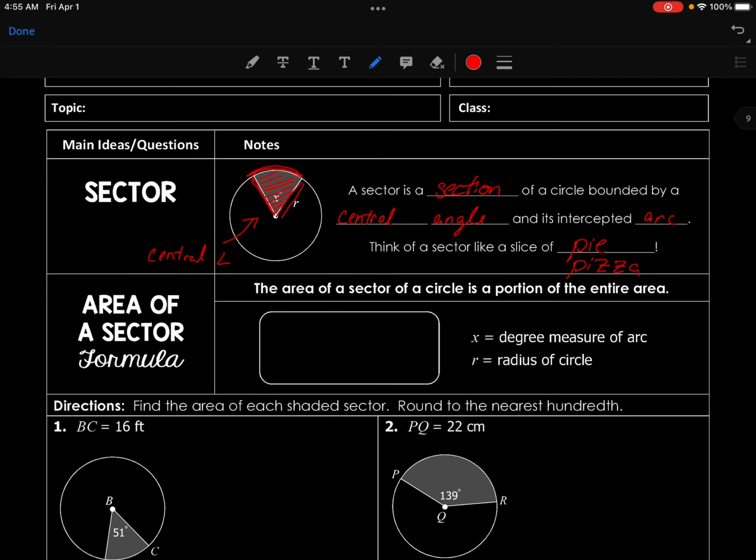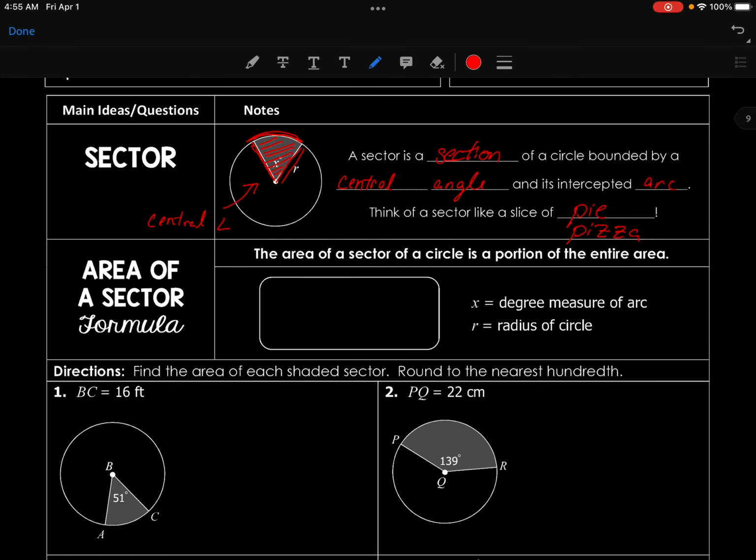All right. So, how do you find the area of a sector? You guys have already gone over this, but the area of a sector of a circle is a portion of the entire area. And how much of the portion?